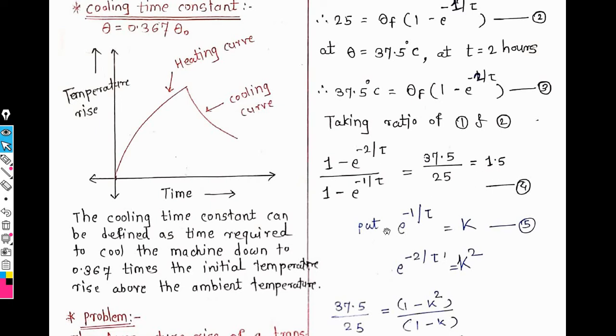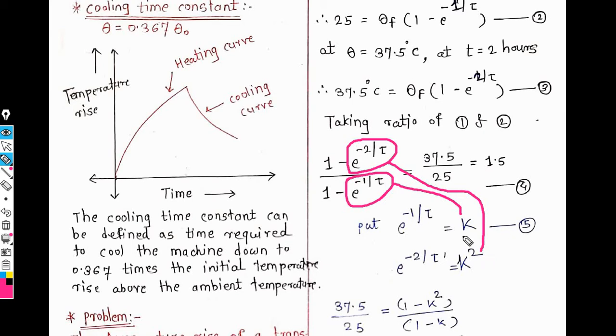Now we have to put some values: e raised to minus 1 by tau, put k, then e raised to minus 2 upon tau, put k square.